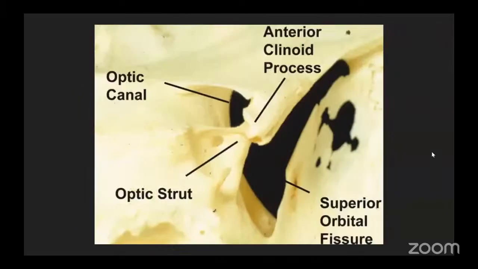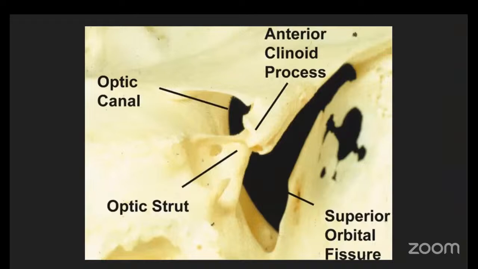Okay, now this is a beautiful image. It's a dissection, and you can see the human bone and how it is slightly degenerating. Let me draw this again. In this region here we have the planum sphenoidale. This here is the anterior clinoidal process, which if we track laterally, there is going to be the lesser sphenoid wing.